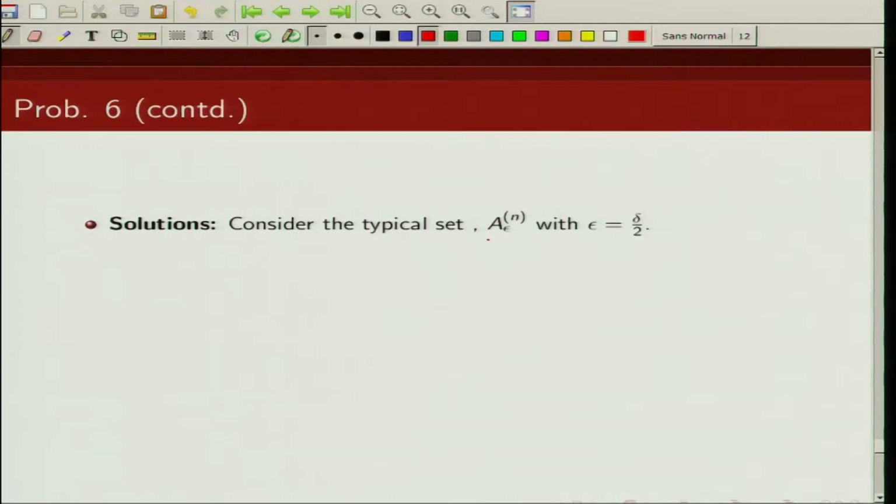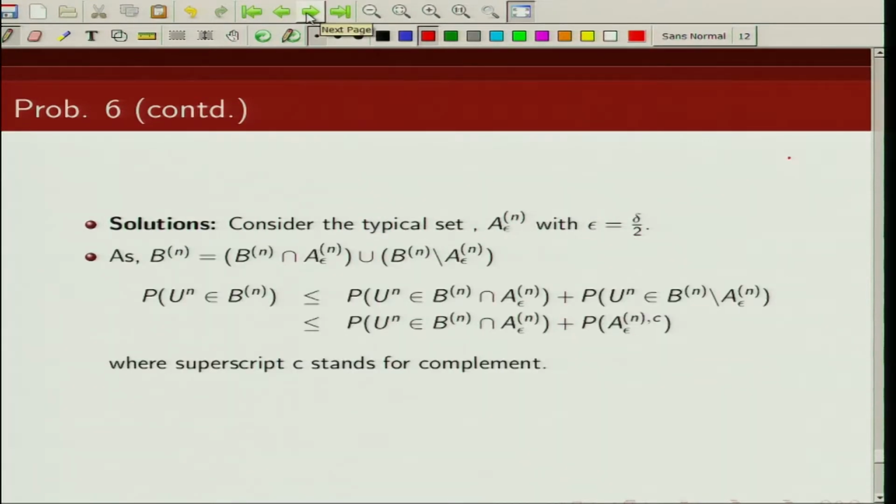So we consider a typical set with epsilon chosen as delta by 2. Now let's say you have two sets A and B. If I ask you to write B, what is B? B is this set.